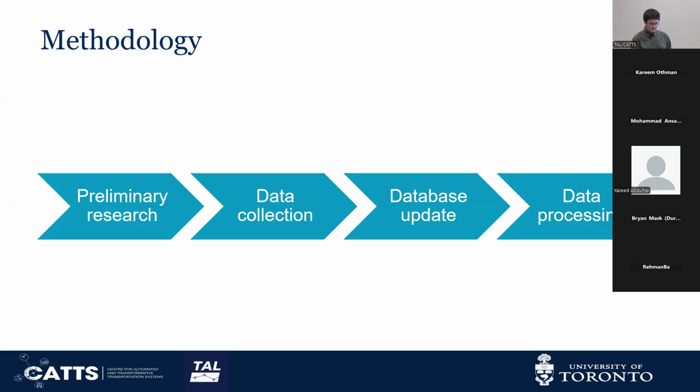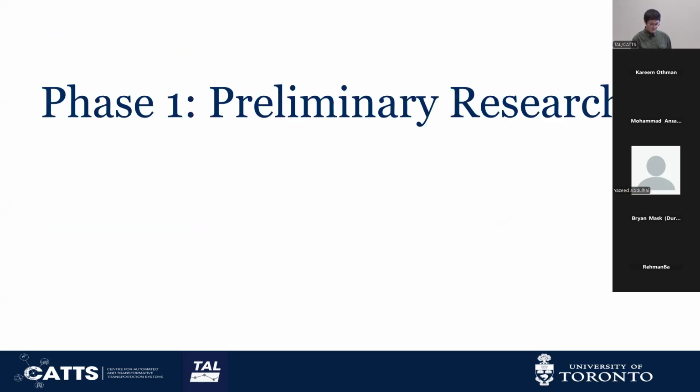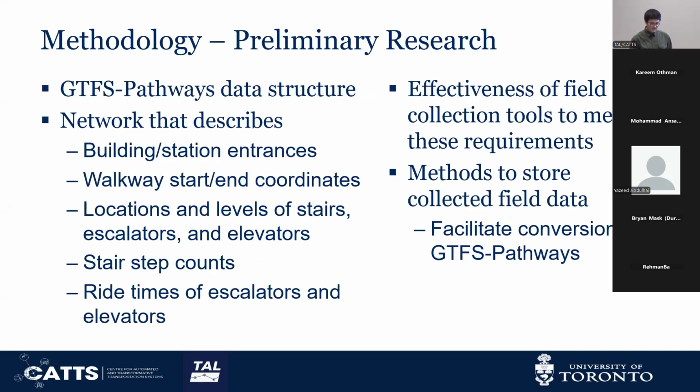And next we move on to the methodology. So we conducted some preliminary research. First we studied the data structure of GTFS pathways, and we've identified that there's quite a bit of data requirement necessary to build this model.